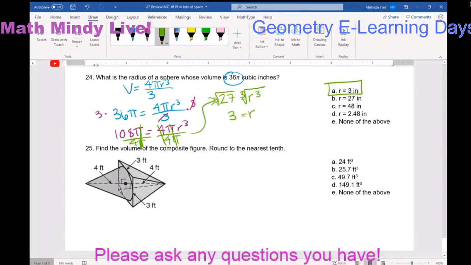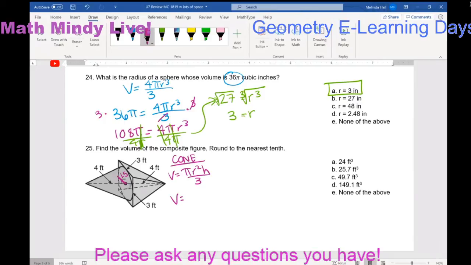And so then, last but not least, finding the volume of the composite figure rounding to the nearest tenth, we would have to find the volume of the cone first and then the volume of the pyramid. Starting with the cone, volume is pi r squared h divided by 3. Because my pyramid is 3 by 3, I know my radius is 1.5 because it's half of the 3.